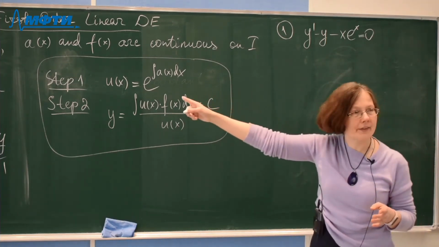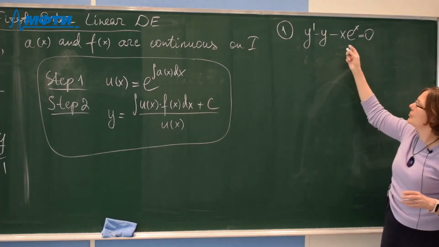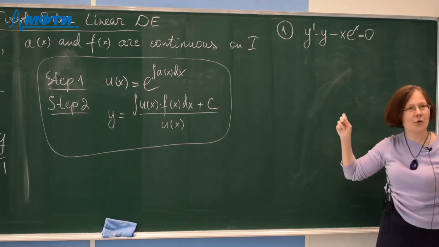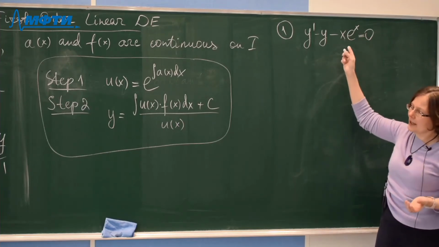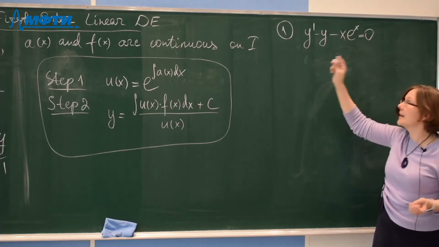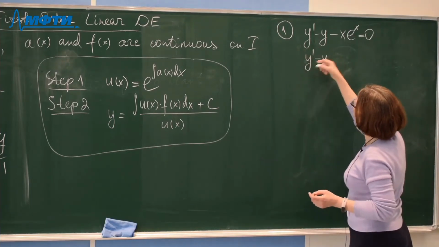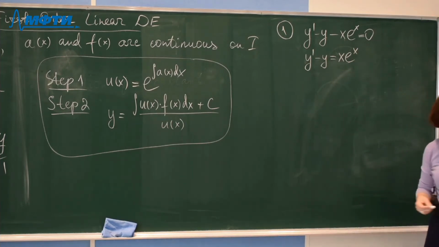Our equation isn't in the standard form because we have this function in the left-hand side. So we should move it to the right, and rewrite this equation in the form y prime minus y equals x e to x. This is a standard form now.